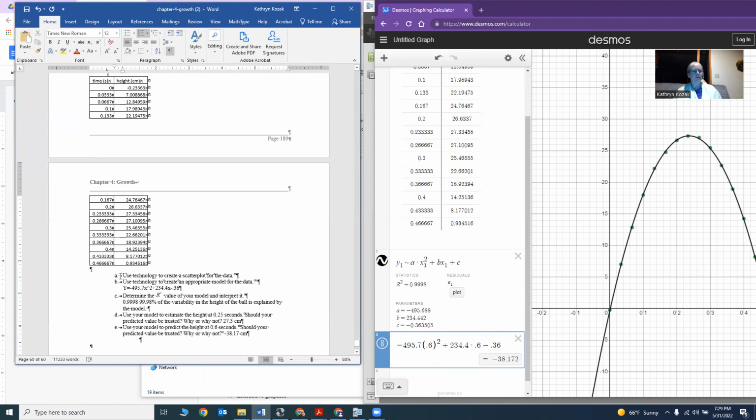Really, the problem is that if I look at my times, the highest time I have is 0.46. 0.6 isn't anywhere here. I don't know what happens after 0.46. It could be that the ball hits the ground somewhere in there, in which case the height's not going to change at all. It could be lots of different things that could happen. So I can't trust it when we're beyond the data. If we're not in the range of the original data, I can't trust that value.